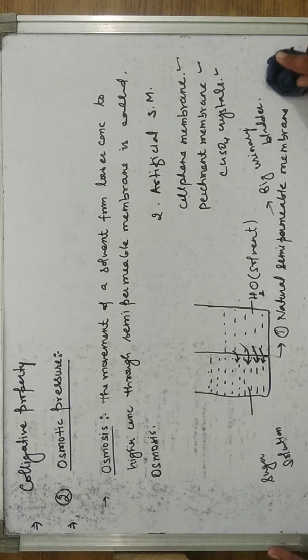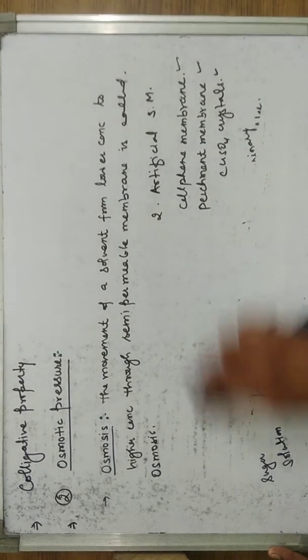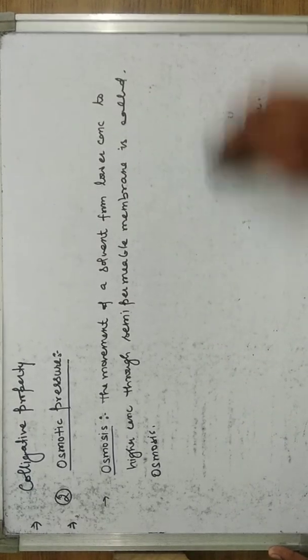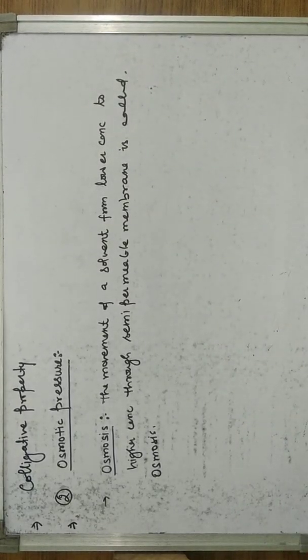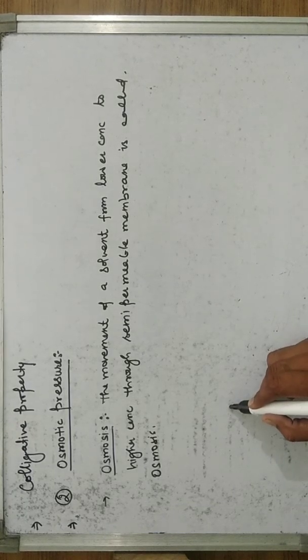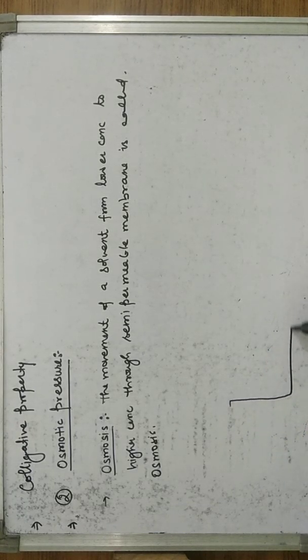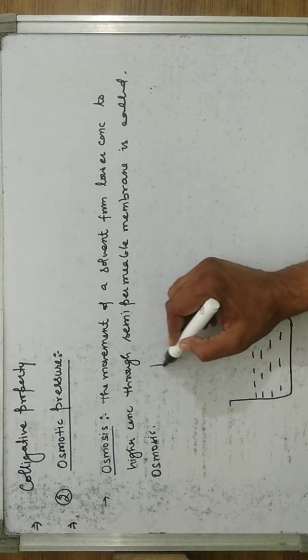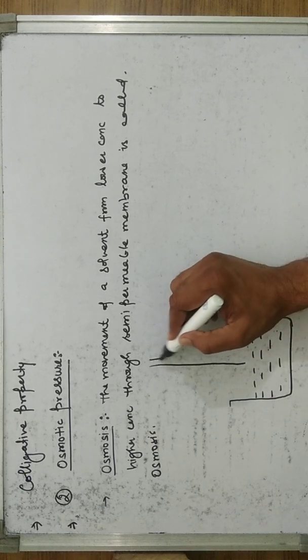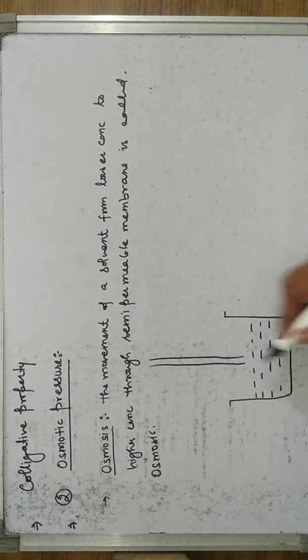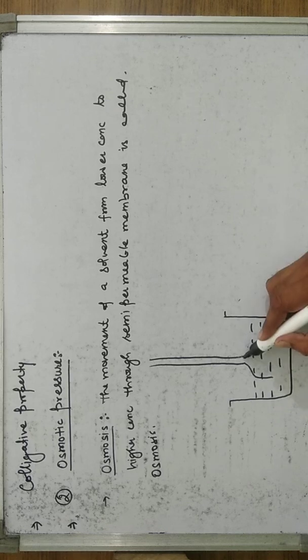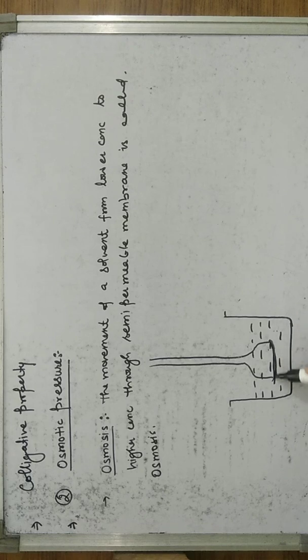Now we study this osmosis with another example, to study osmotic pressure as a colligative property. Take a beaker that is filled with a solvent, and we dip a thistle funnel. Thistle funnel is a long funnel that has a broad end on one side, and it is covered with a semi-permeable membrane.